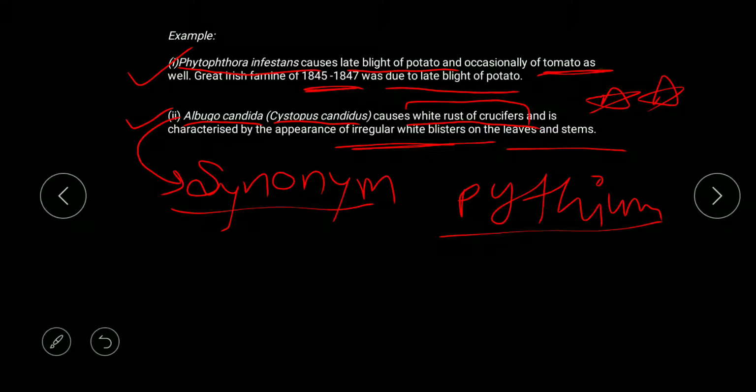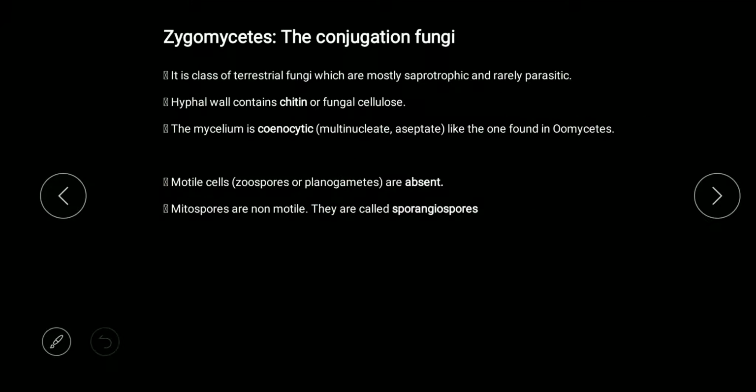Then we studied sexual reproduction: gametangial contact or planogametic fusion. And we studied a diploid structure, the oospore, which is an important one, and is the site of meiosis. We studied some examples like Phytophthora and Albugo candida. Next we move to another class of lower fungi, that is the Zygomycetes.